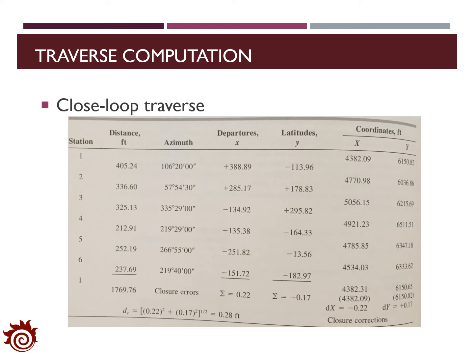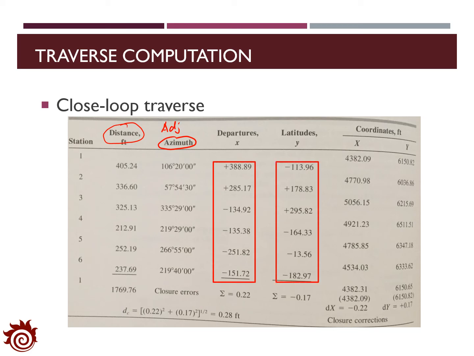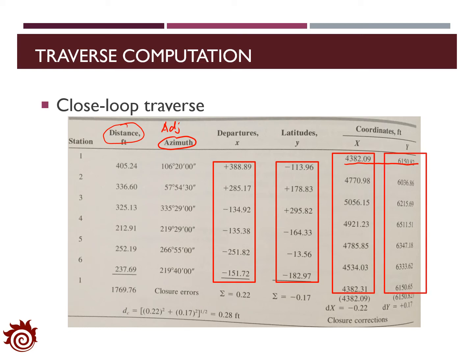From the experiment, we know the distance of each side, and also we can find out the azimuth of each line, which is the adjusted azimuth. And then we can calculate the departure and the latitude for each side as we showed in the previous page. With the given coordinates of the point 1, we can find out the coordinates of all the other points.